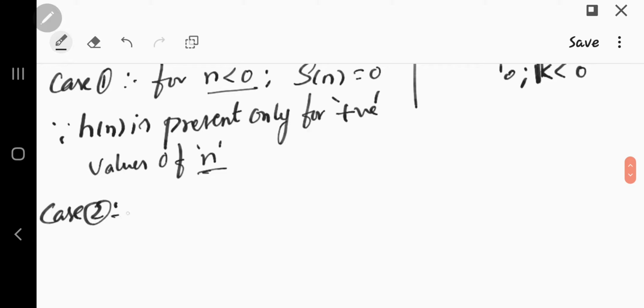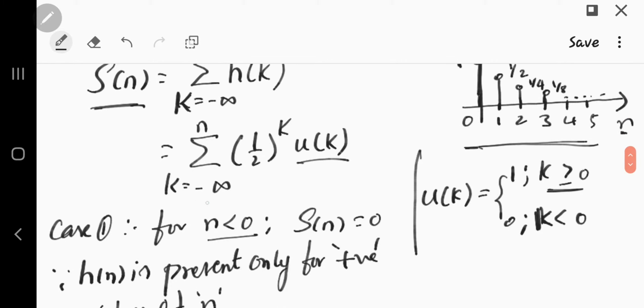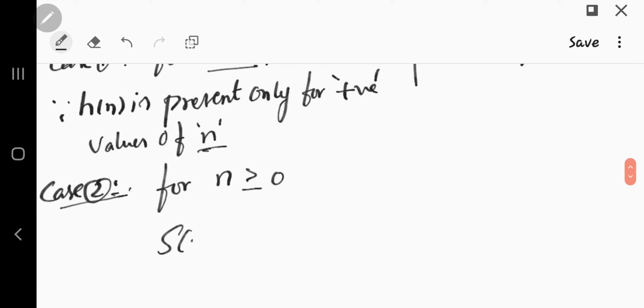Going to the second case, for n greater than or equal to 0. As you can see, the limit here is from minus infinity to n. This limit now will change, because from minus infinity to 0 or less than 0, like minus infinity to minus 1, everything is 0 here.